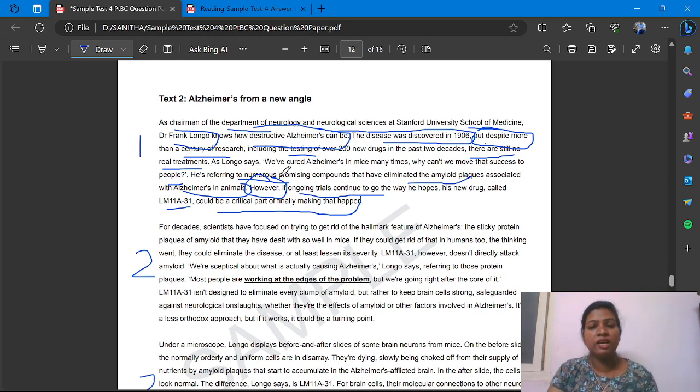As Longo says, we have cured Alzheimer's in mice many times. See, after that, he is asking a question: why can't we move that success to people? He is referring to numerous promising compounds that have eliminated amyloid plaques associated with Alzheimer's in animals. However, if ongoing trials continue to go the way he hopes, his new drug called LM11A31 could be a critical part of finally making that happen.